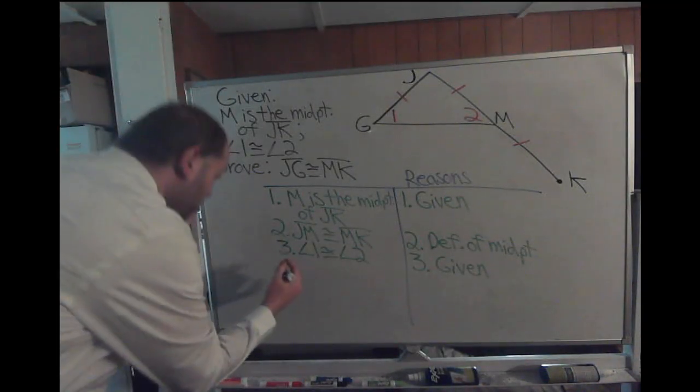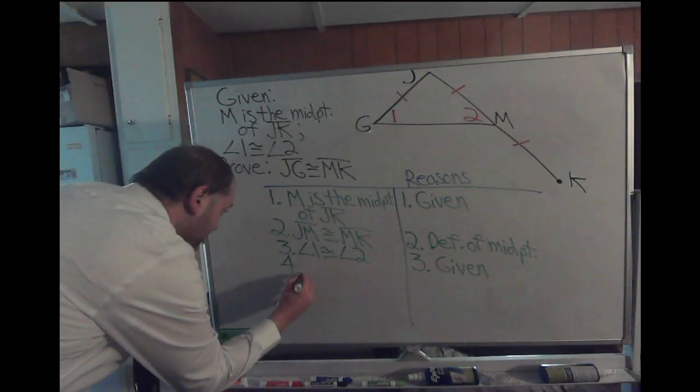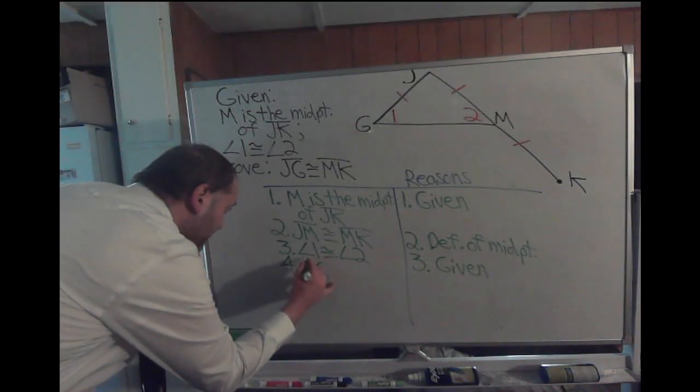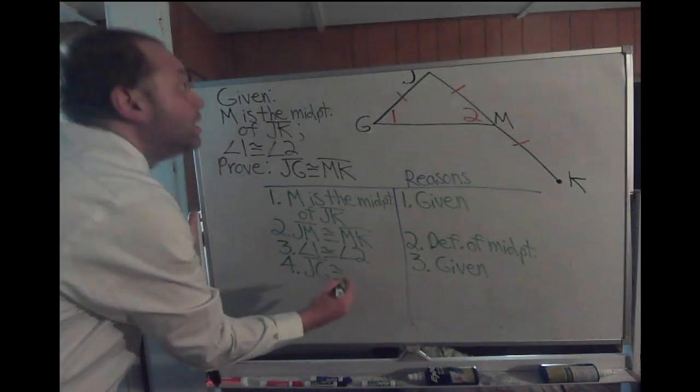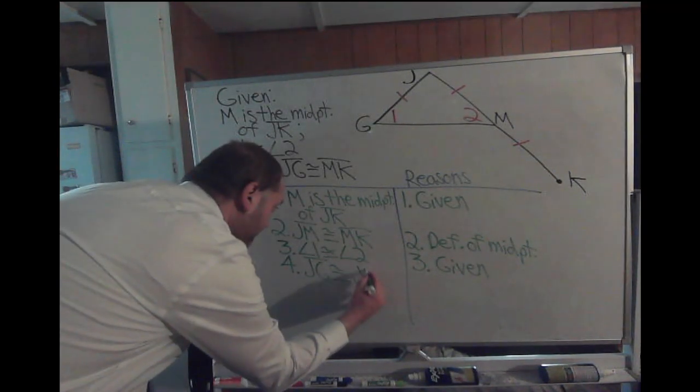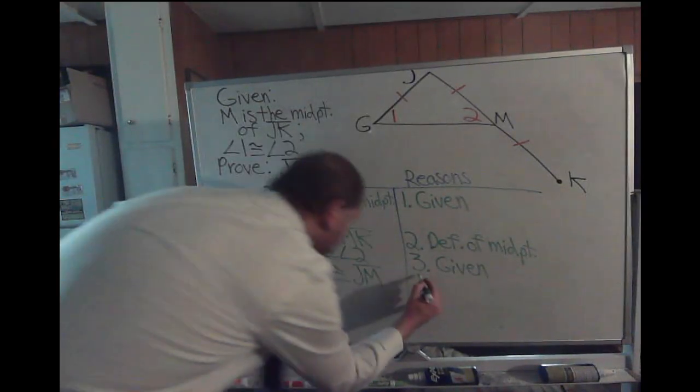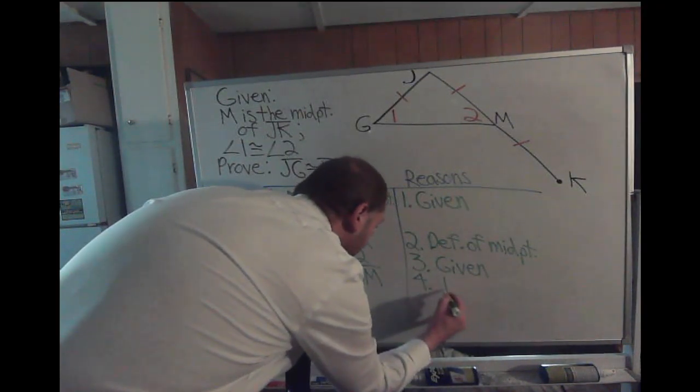So we can now say that JG is congruent to JM by the isosceles triangle theorem.